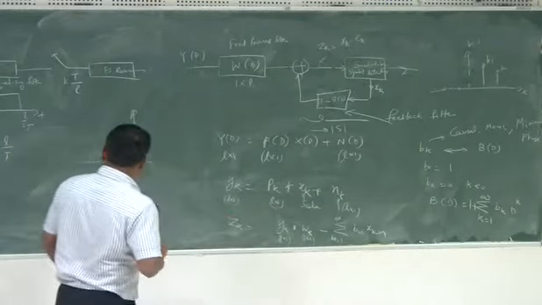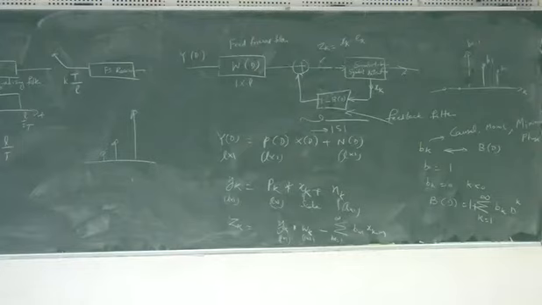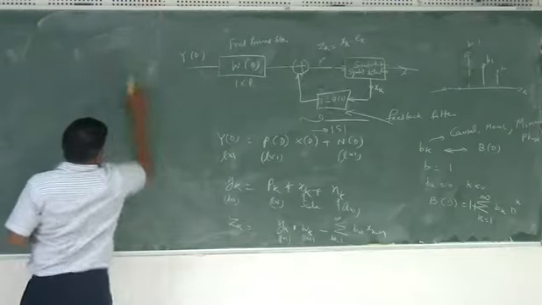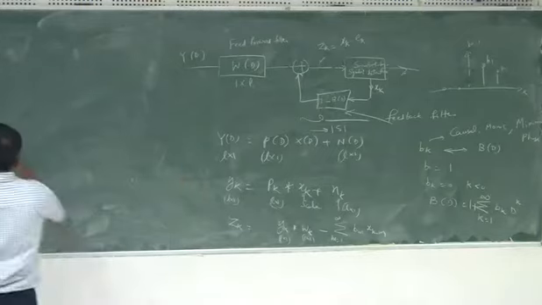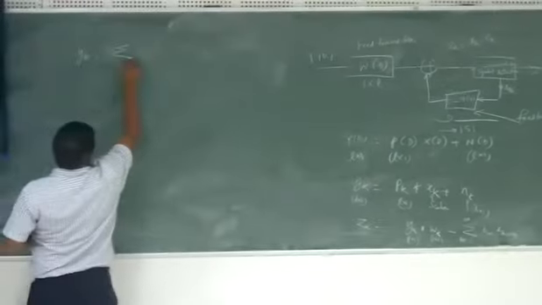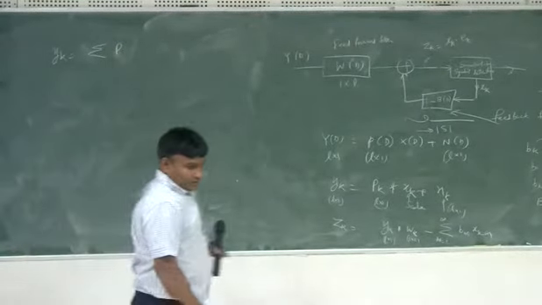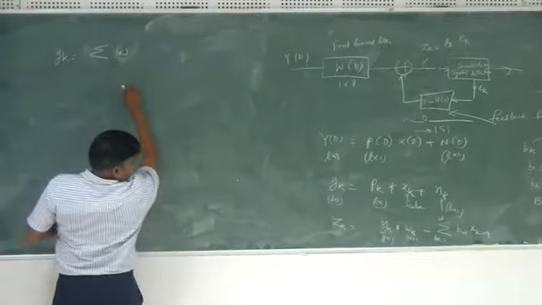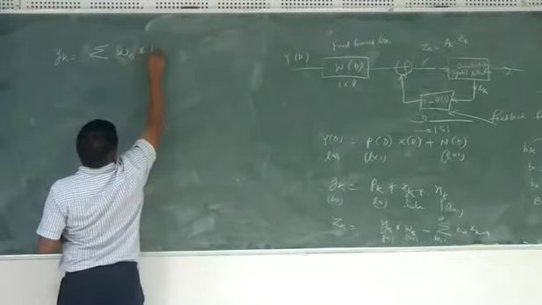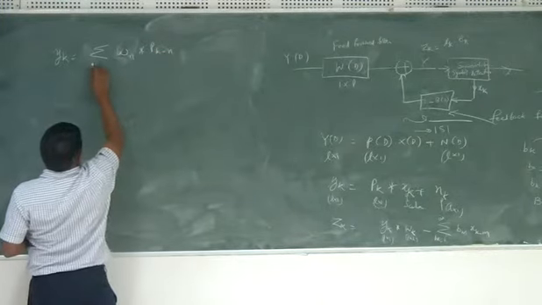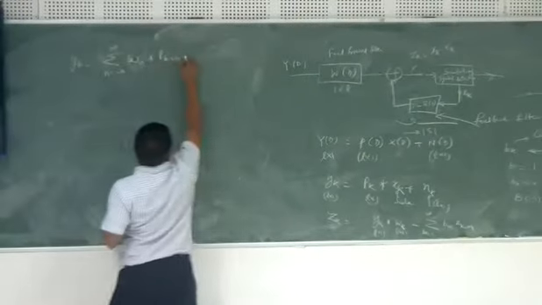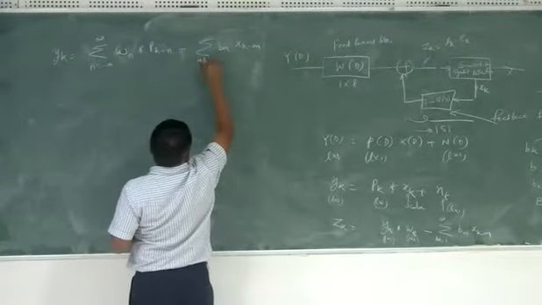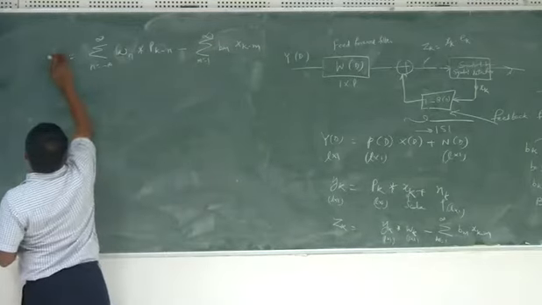Okay, let's expand this convolution. So y of k is equal to, that is Z of k.